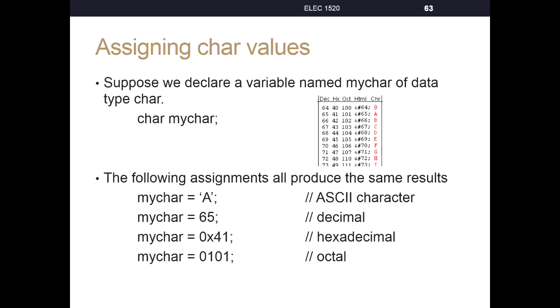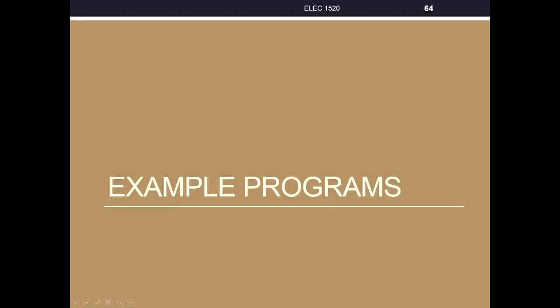And finally, the octal representation of A is 101. So assigning 101 to myChar has the same effect. These all produce the same results. We've stored the same binary number, and myChar basically is storing the mapping of the character A. All right, let's look at some example programs.